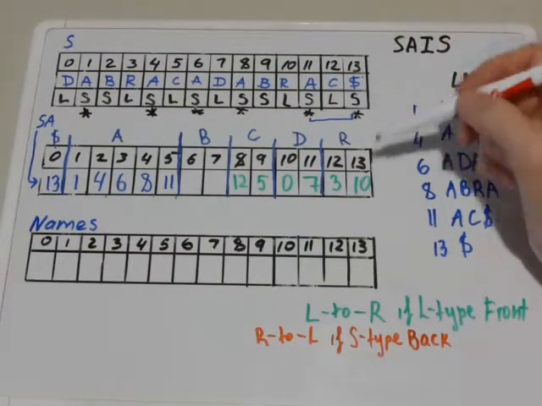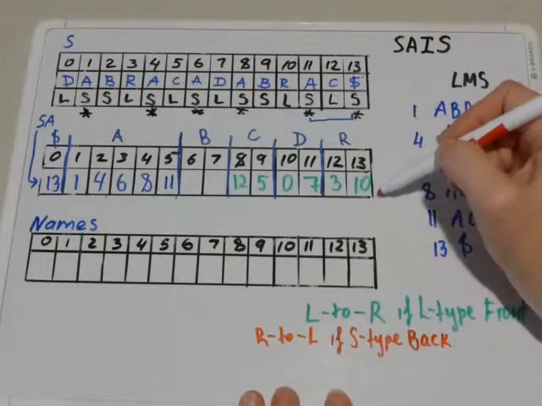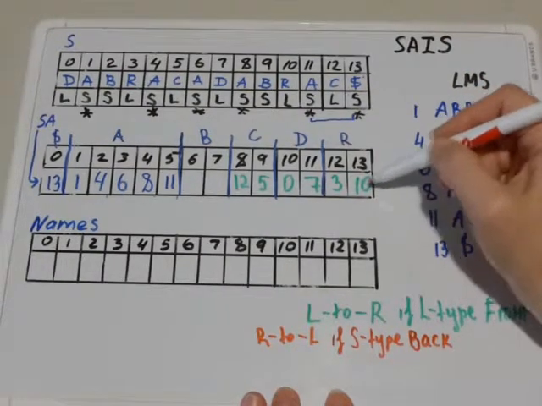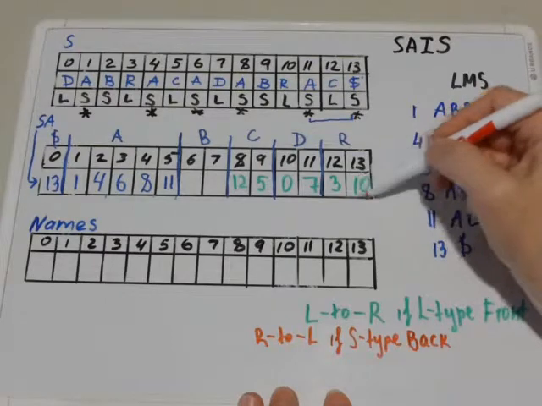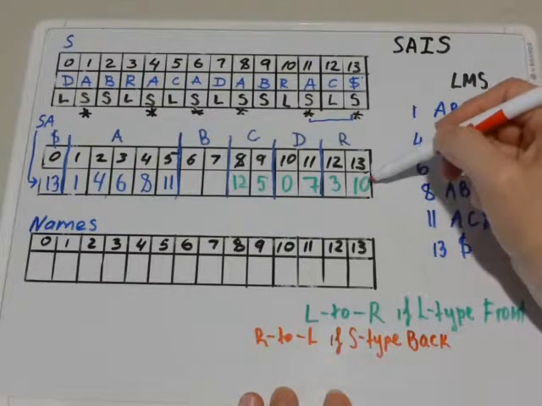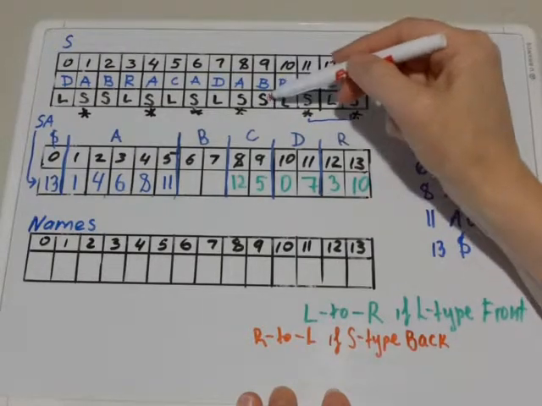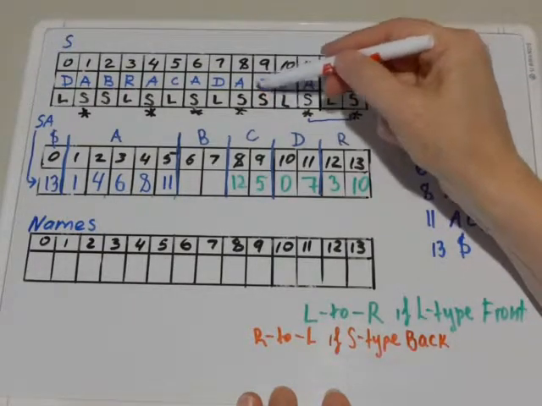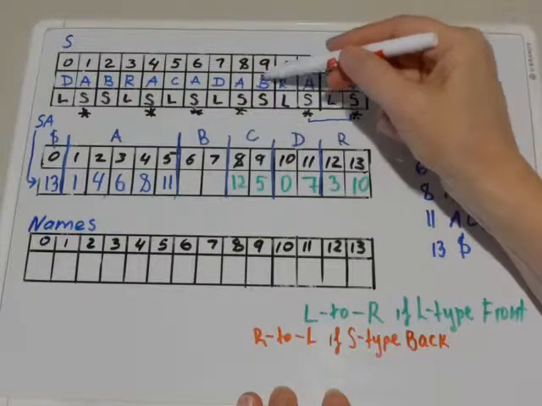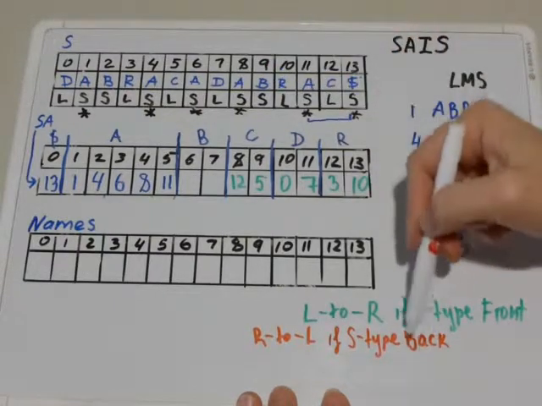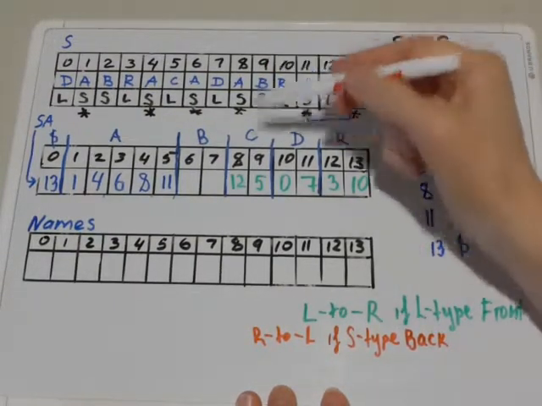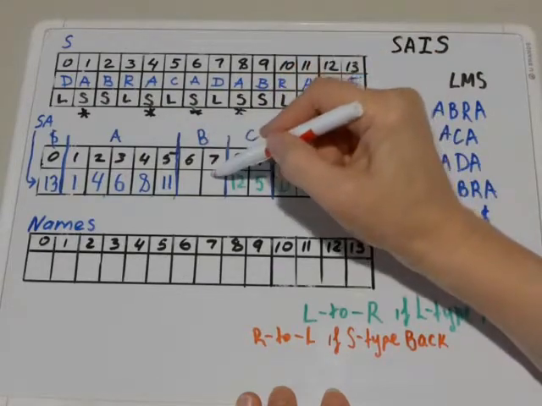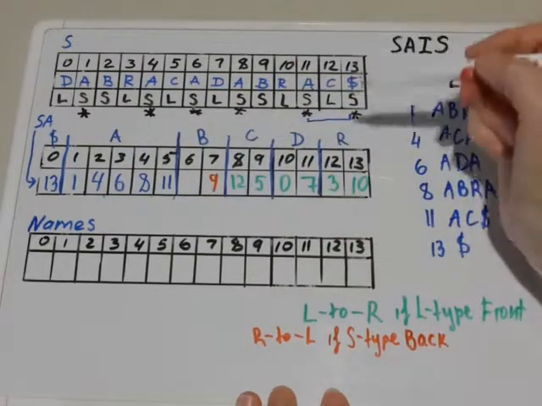Let's see how we do it. We start from the end of the suffix array. Take this value, subtract 1 from it. 10 minus 1 is 9. Is it S type? Yes. What bucket do you need to put position 9 into? Into the B bucket, at the back of the B bucket. 9 goes in the back of the B bucket, right in here.